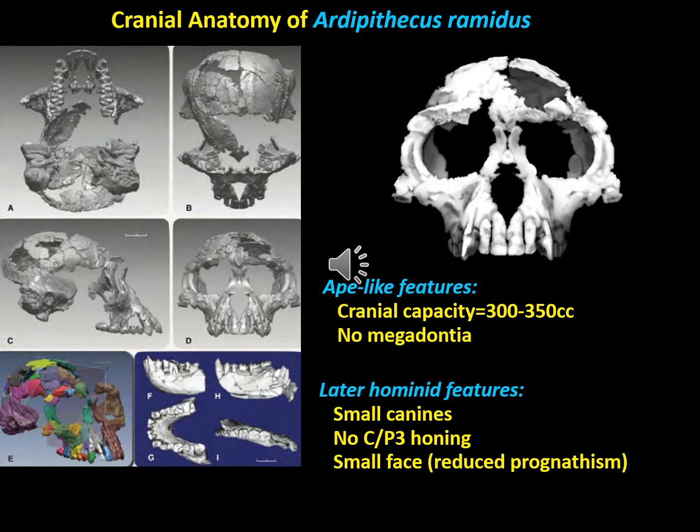The technology that was used is CT scans to reconstruct the whole skull of Ardipithecus, and the cranial capacity is very similar to Sahelanthropus, as well as it doesn't have later hominid features like very large molar teeth or megadontia. Mega means large, dont means teeth. Later hominid features, though, having smaller canines, there's the loss of the honing facet, and it does have a smaller face or reduced prognathism. Remember, orthognathic is a flat face.